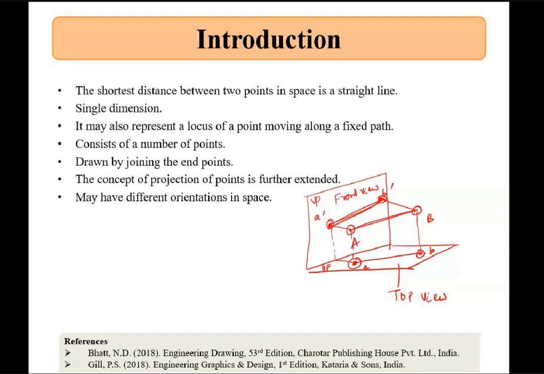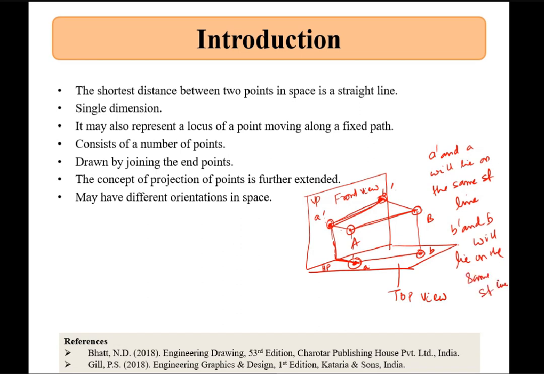So A dash and A will lie on the same straight line. Also B dash and B will lie on the same straight line.